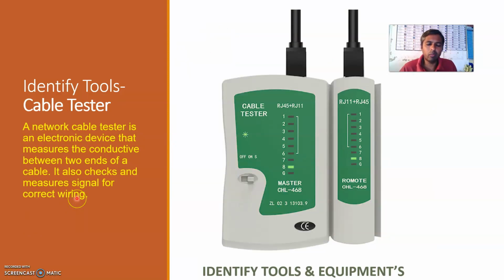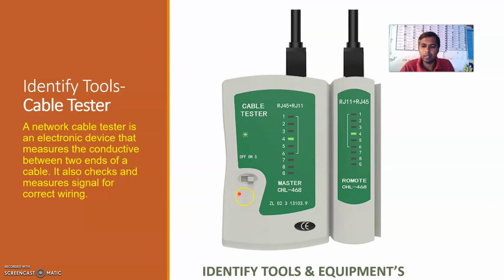Another tool we want is to check our cable. We connect the two terminated ends of the wire, crossover cable or straight through cable, and check that our cable works properly. For this we want a LAN cable tester. This is a LAN cable tester. It has two parts.